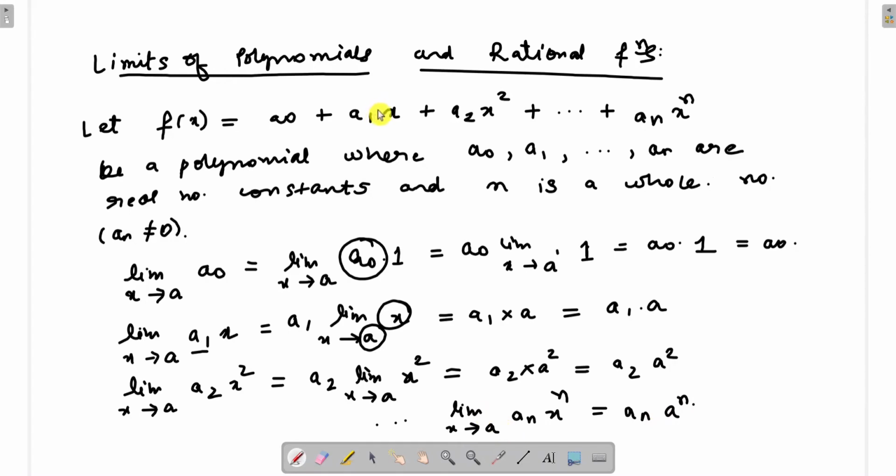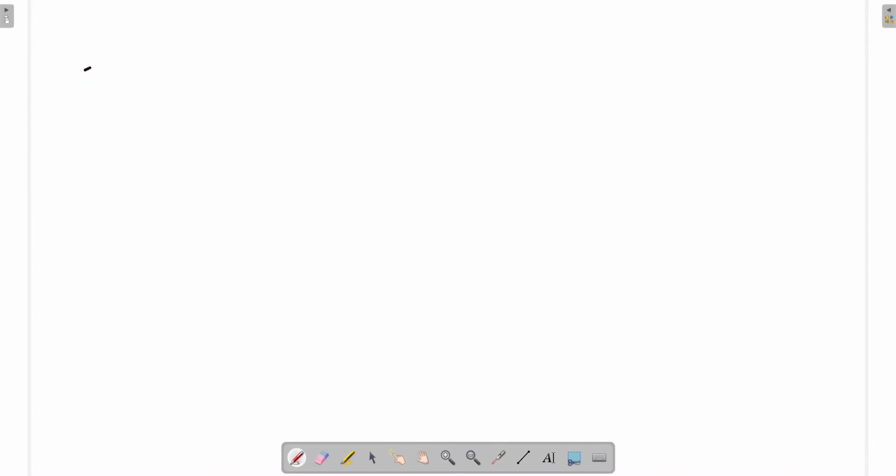Okay, now we can calculate the limit of the polynomial function fx.